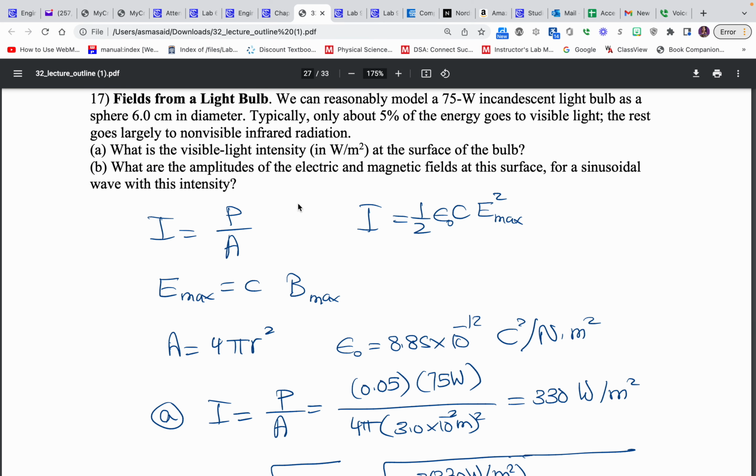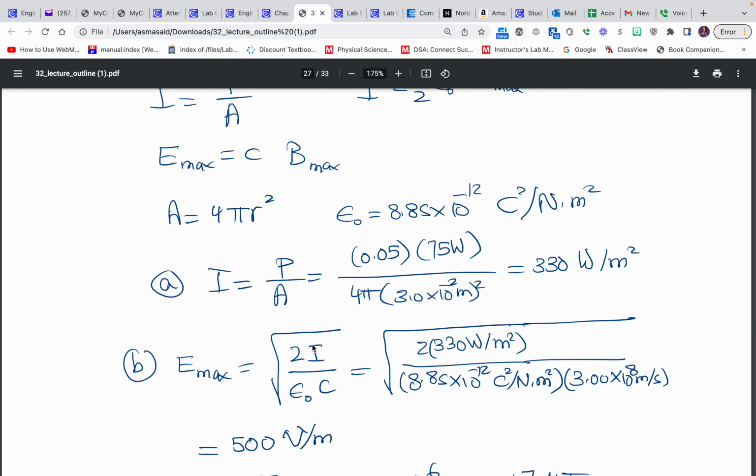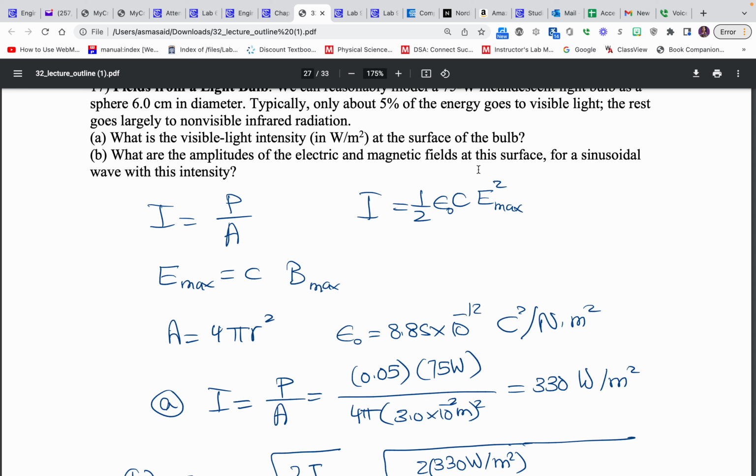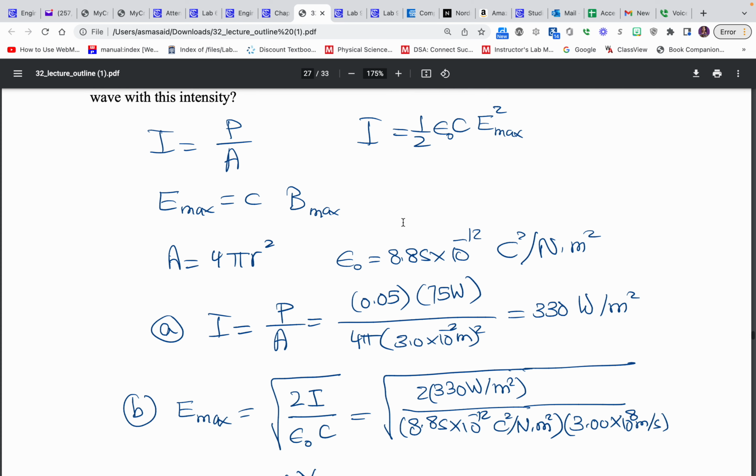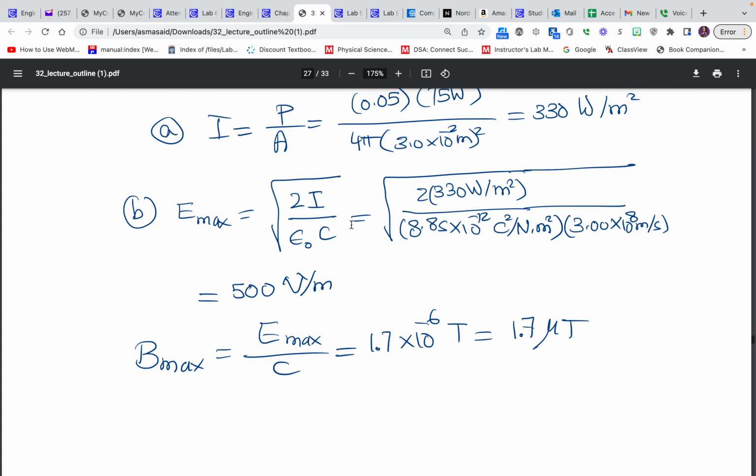If we wish to calculate the amplitude of the electric field, which is the E maximum, then I can use this equation here. E maximum squared equals 2I divided by epsilon 0 c, and then take the square root to find E maximum. And from that, you will be able to calculate B maximum as E maximum divided by c.